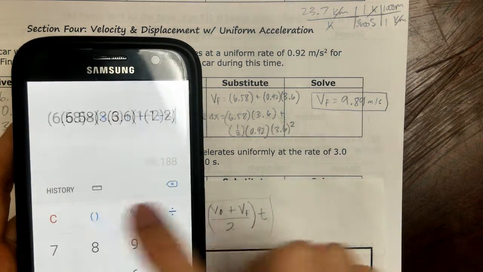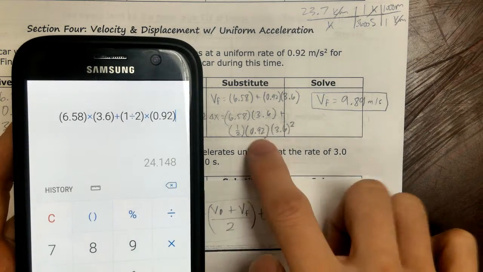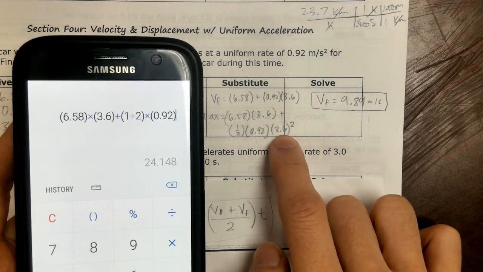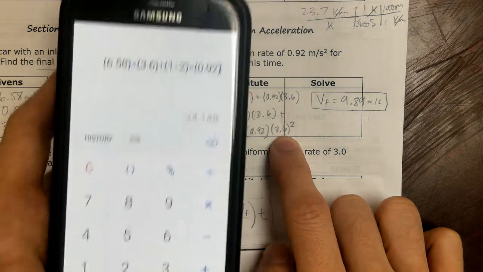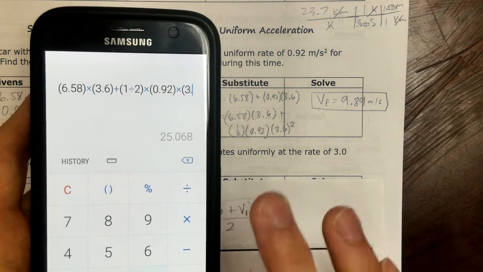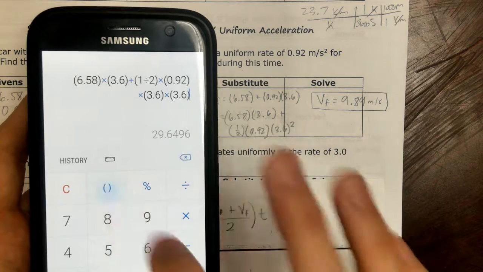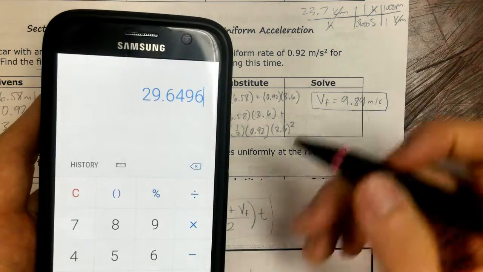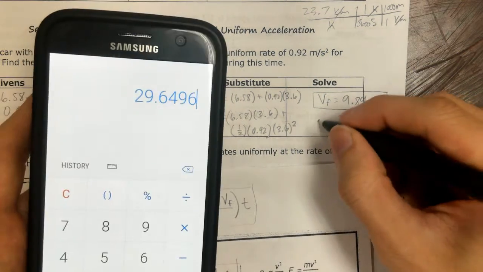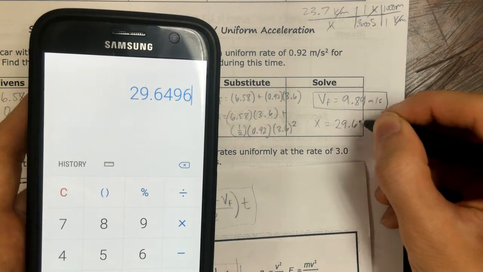And I'm going to put another parentheses for the 0.92. And then I'm going to have to do the 3.6 twice because there's no square button on my calculator. 3.6 and then 3.6 again. Okay. And you should get something like this. X is equal to 29.65 meters.